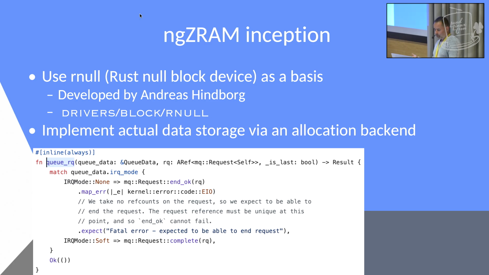It's this queue processing that we modified. It's nowhere near code that I could show here, so I'm not showing it. So this is the excerpt from Andreas's driver to sort of give an idea where the modifications take place.